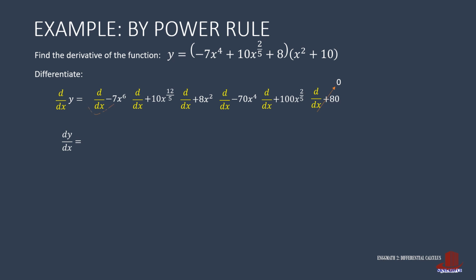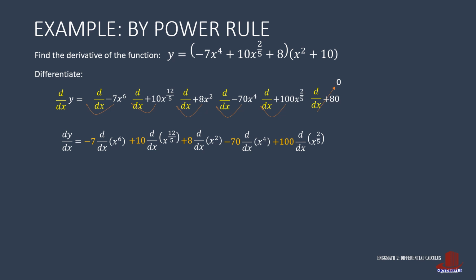So dy over dx becomes negative 7 times d over dx of x raised to 6 plus 10 times d over dx of x raised to 12/5, and also 8 times d over dx of x squared, followed by negative 70 times d over dx of x raised to 4. And the last term is converted to 100 times d over dx of x raised to 2/5.